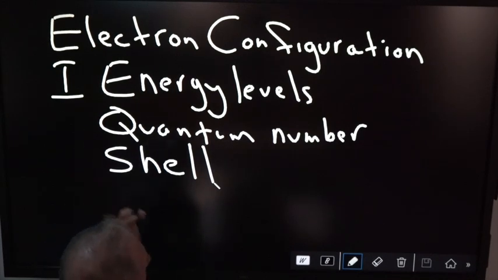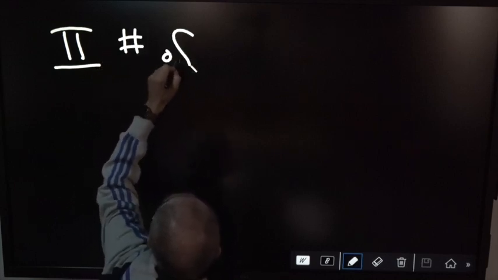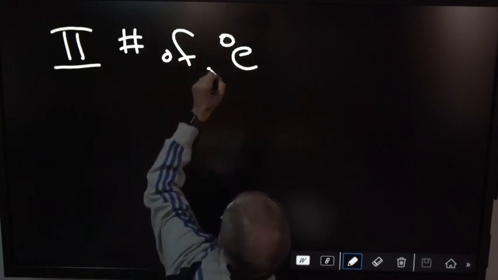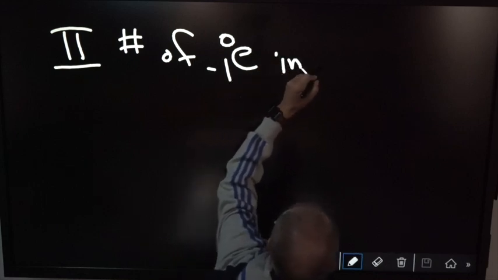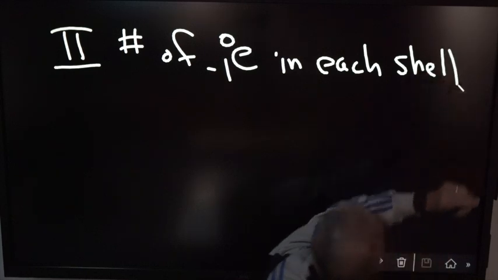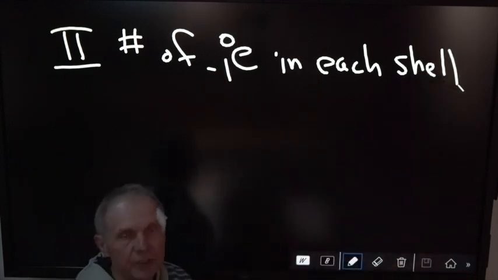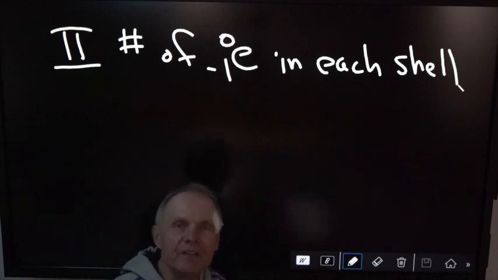So, Roman numeral 2. It just says, Roman numeral 2, number of electrons in each shell. Well, there's a handy-dandy formula.